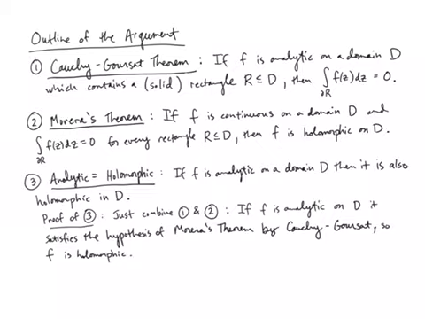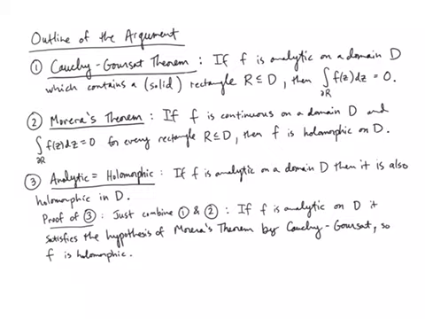Goursat provides a proof in the case that R is a rectangle. So we have f being analytic on a domain, and a solid rectangle inside the domain. By solid rectangle lying inside the domain, I mean not just the edges. A rectangle for us means not just the edges, but everything that's contained inside the edges.